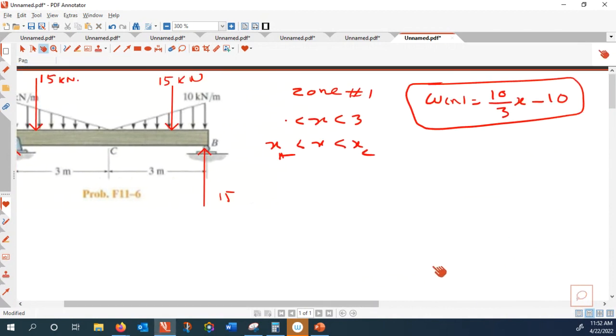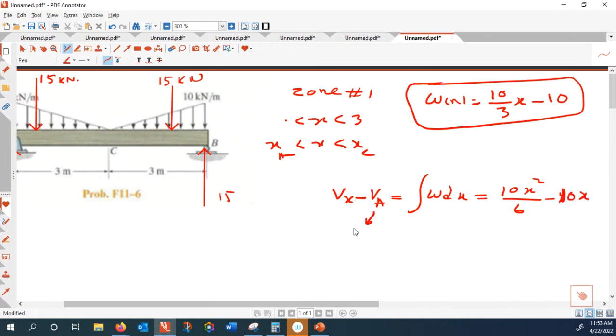And now that I have w of x, it should be simple to write an expression for v, because v of x minus v of a is equal to the integral of w dx, which is 10x squared by 6 minus 10x.